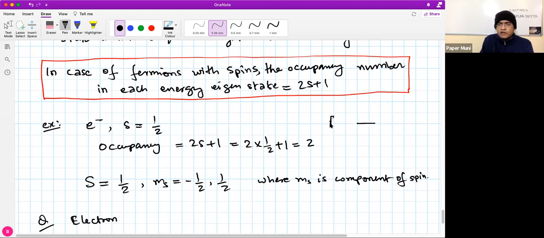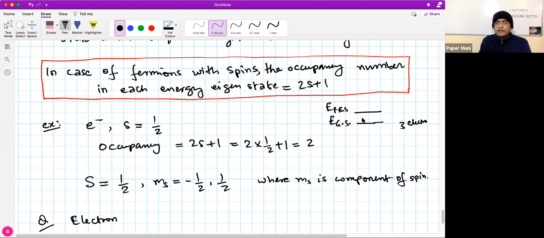Say you have the ground state, and you have been given 2 electrons, and then there is the first excited state. If you have been given, let's say, 3 electrons to fill in, how will you fill?